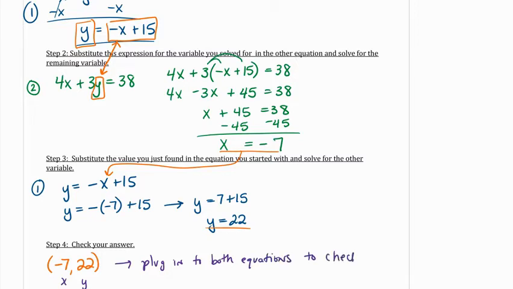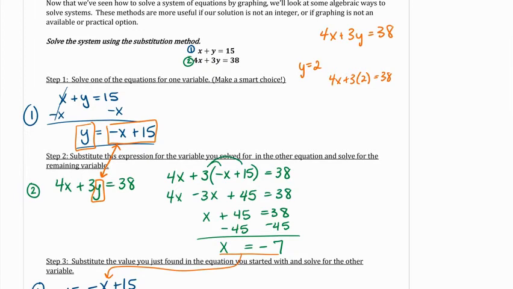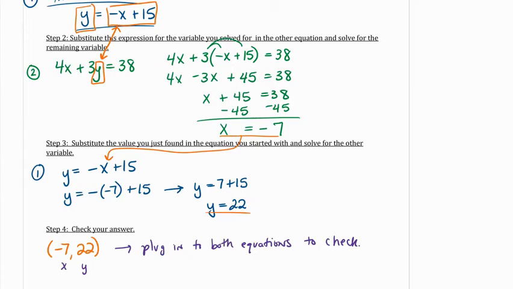Or if you wanted another way to check it, you could go out to Desmos, type in both of these equations up here, and it'll graph it for you. And you can zoom out and move the graph around until you find that point, negative 7, 22. Okay. You can't do that on a test, but you can do that when you're doing homework to check your answers.